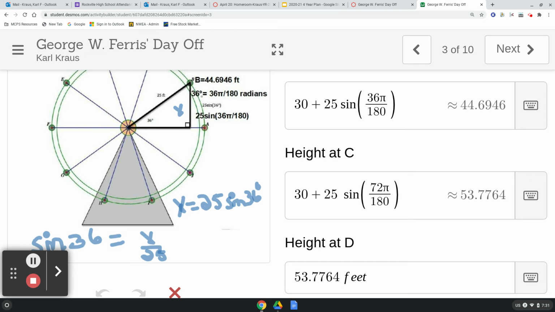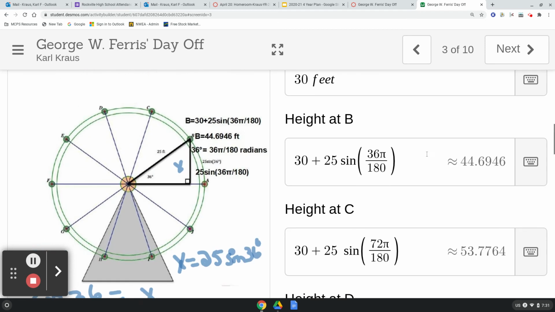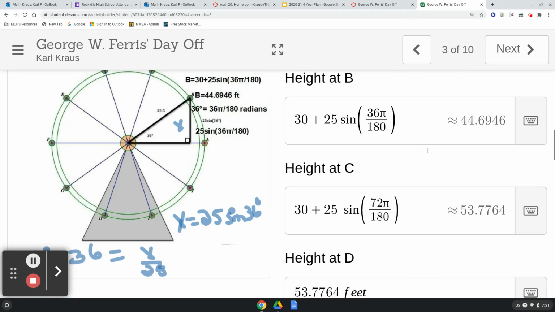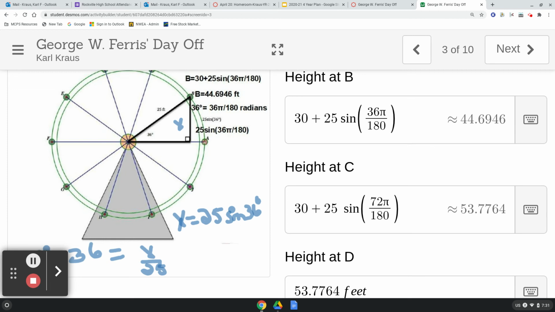So changing 36 degrees to radians, 36 degrees is equal to 36 pi over 180 radians. So to find the height at B, you take the center line, which is 30, and then you're going to add this height here, which is 25 sine of 36 pi over 180. You get 44.6946.